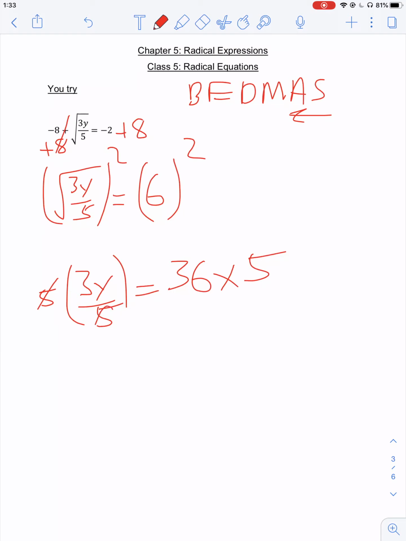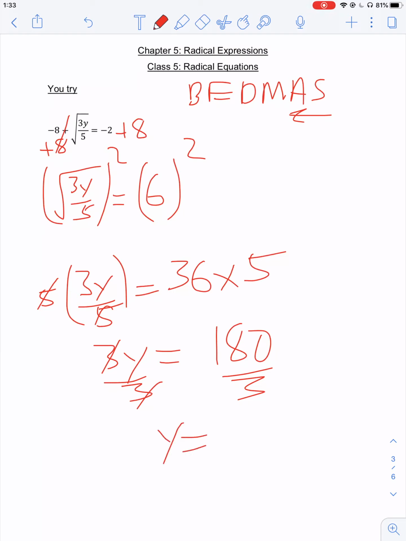So the 5s will cancel, and then you get 3y is equal to 180, I think. 5 threes is 15, 6 5 is 30. And then you divide this by 3, divide this by 3. So y will just equal 60.